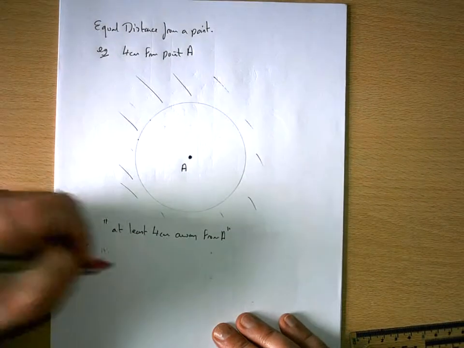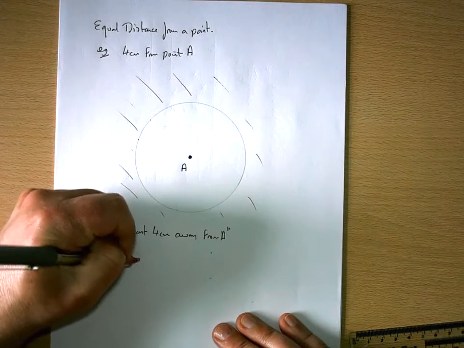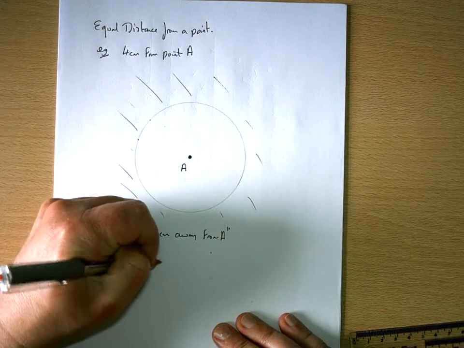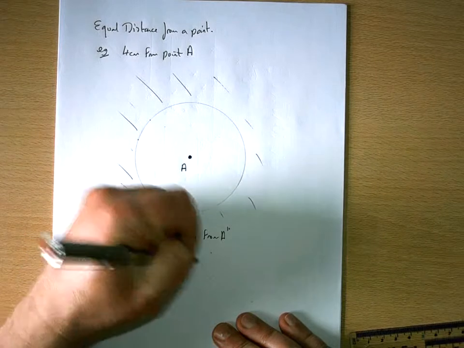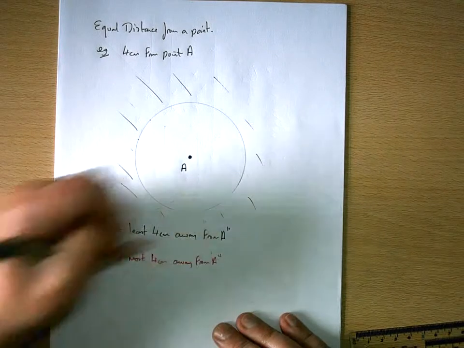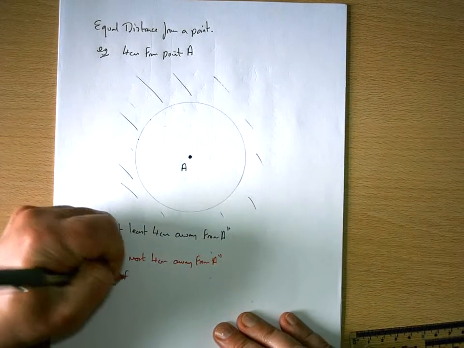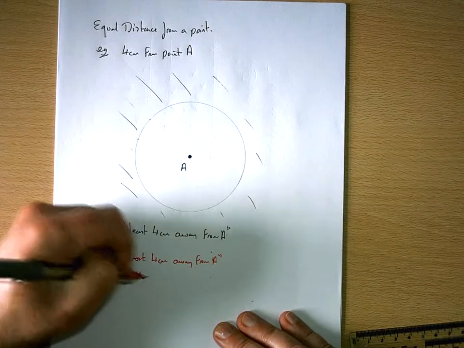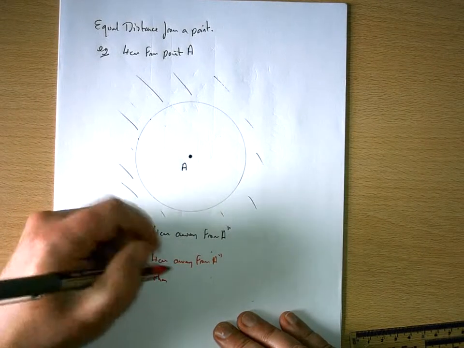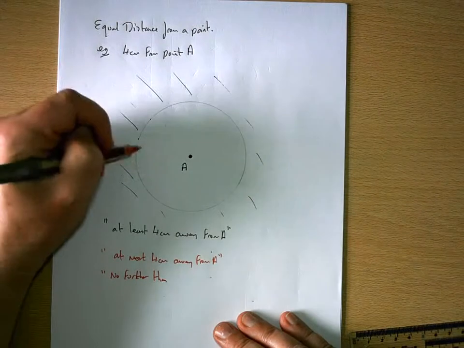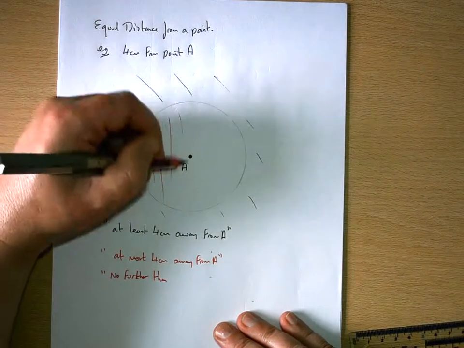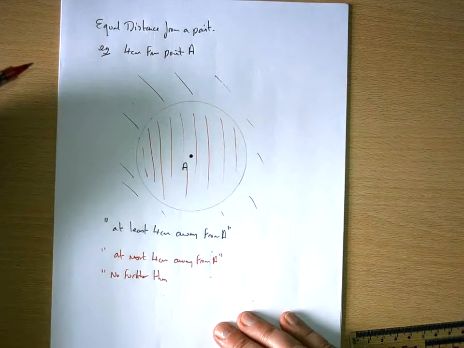If the condition was at most 4 centimeters away from A, or no further than 4 centimeters away, then it would be everything that's inside that circle.